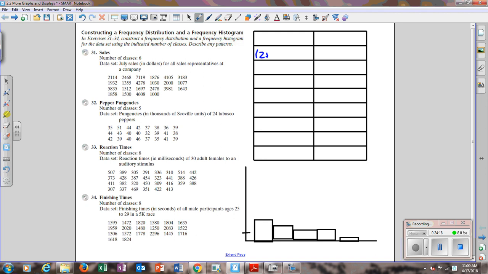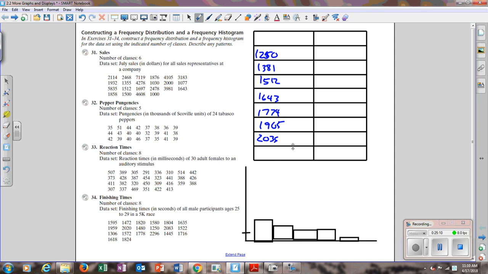Do 1250. Give you 1381. 1512. 1643. 1774. 1905. 2036.